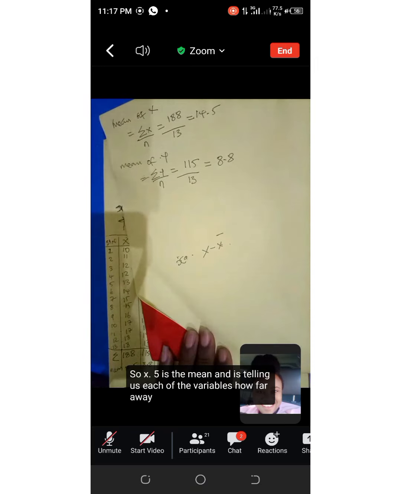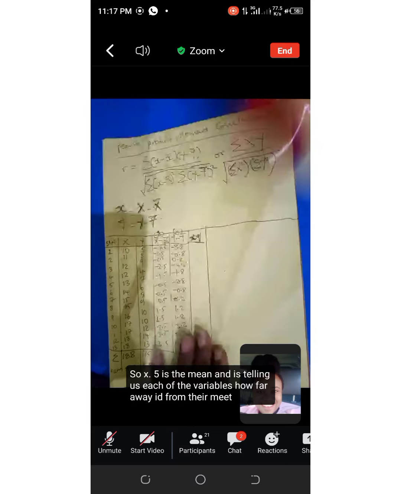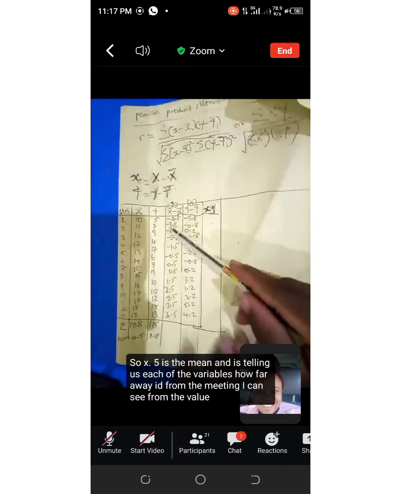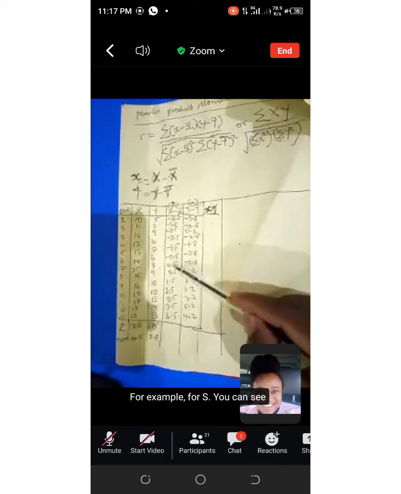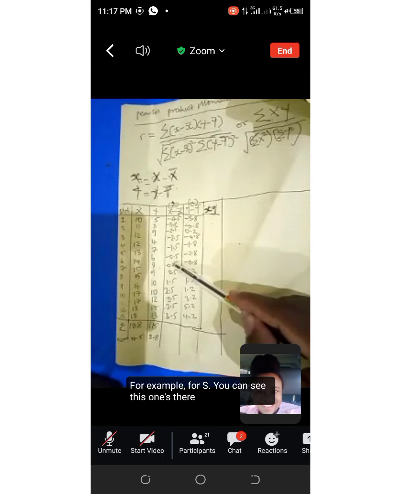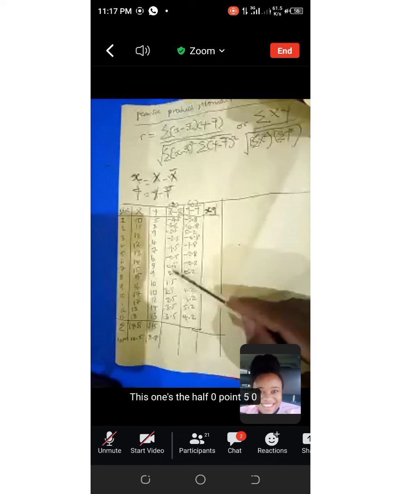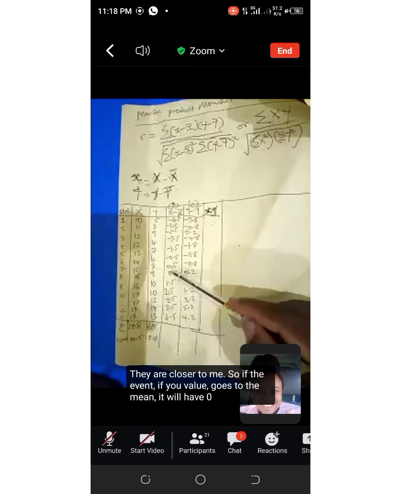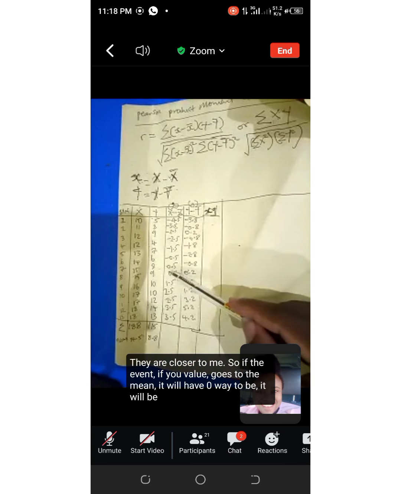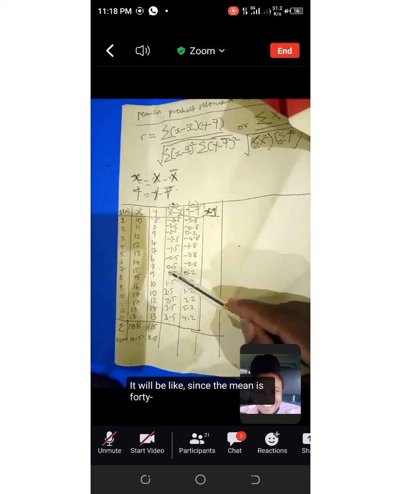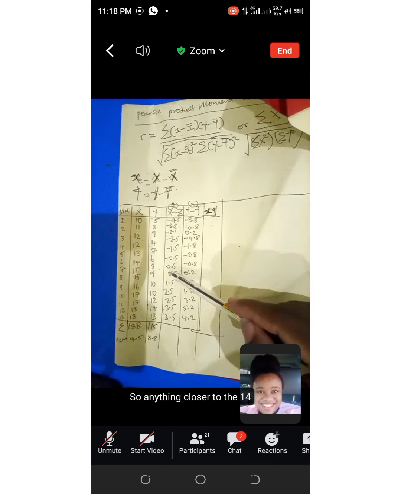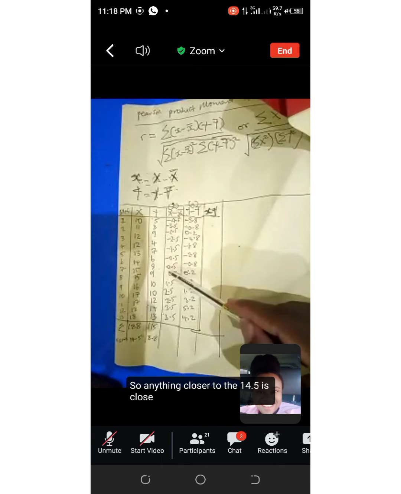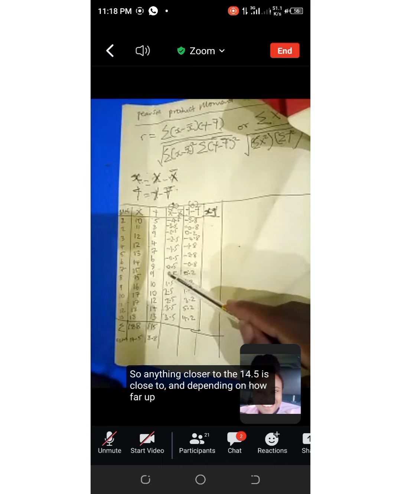And you can see from the values gotten here, for example for x, the values that are closer to the mean are these ones that have 0.5, 0.5. If a value is close to the mean, it will have a small deviation. Since the mean is 14.5, anything closer to 14.5 is close to the mean. And depending on how far away the values are from the mean, that's the deviation from the mean.